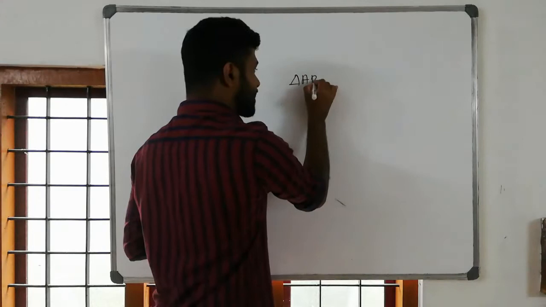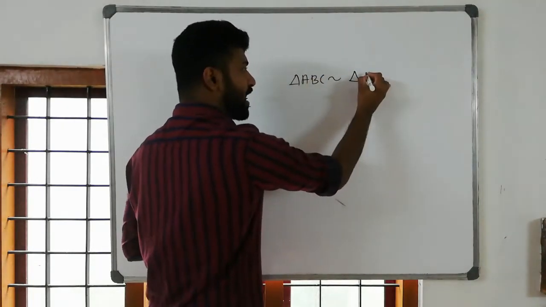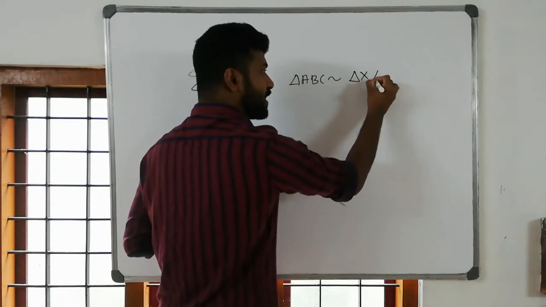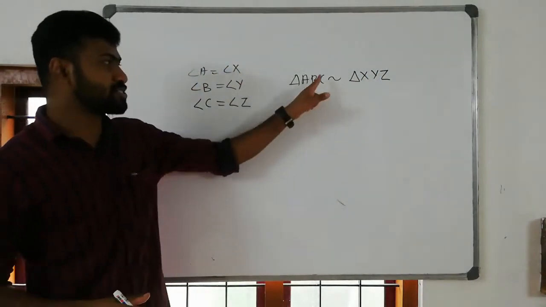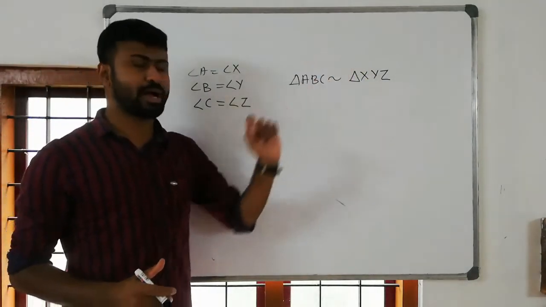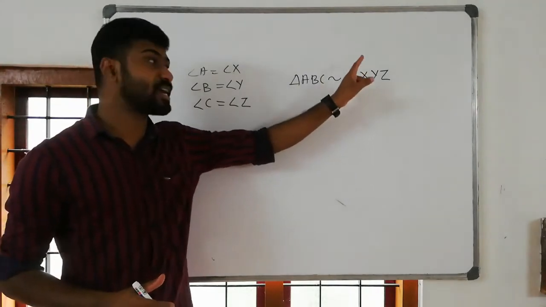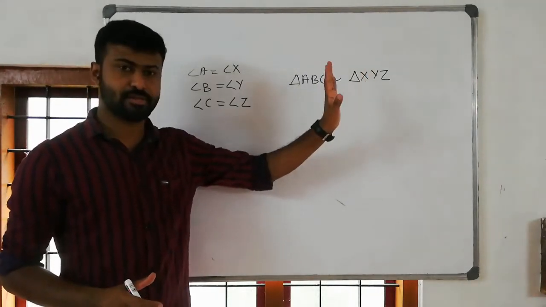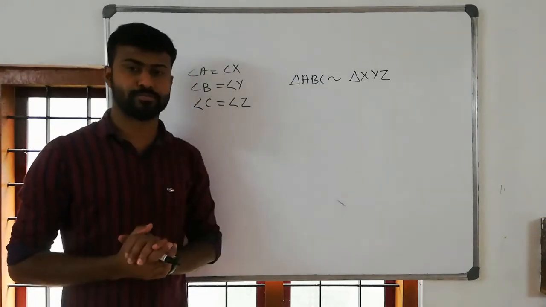So if you write triangle ABC similar to triangle, the corresponding of A is X, of B is Y and of C is Z. So triangle ABC is similar to triangle XYZ. Do not write triangle ABC similar to triangle YXZ because the corresponding vertices must be written in the same order.